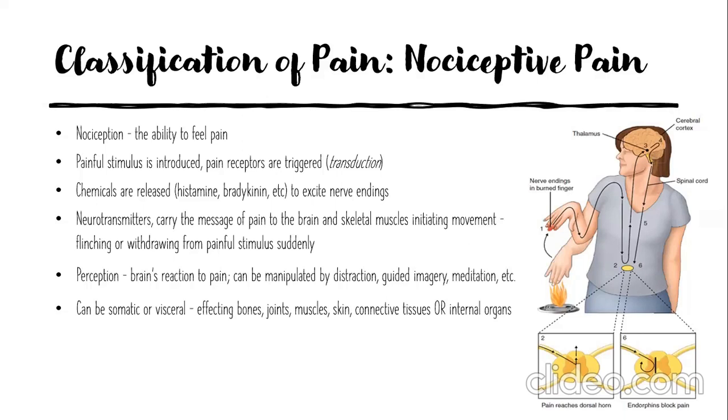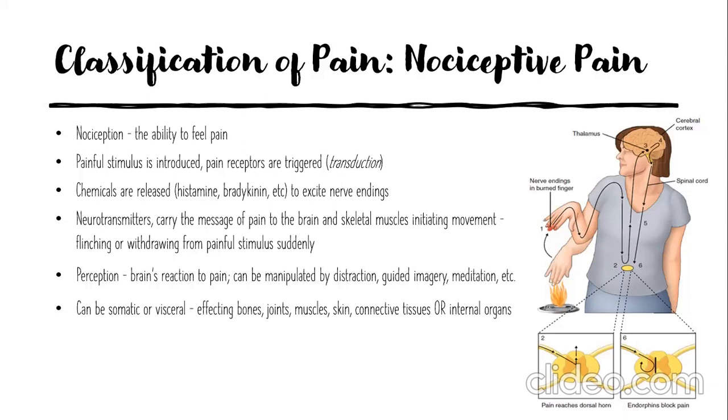The other part of that is a message may also be carried to your skeletal muscle, initiating an involuntary movement. If you burn yourself, you don't stand there and say, oh my, this fire hurts, I am going to pull my hand away from this fire because it is hurting. No, you'd be burned up trying to do that. These are involuntary things that are happening rapidly in your body.